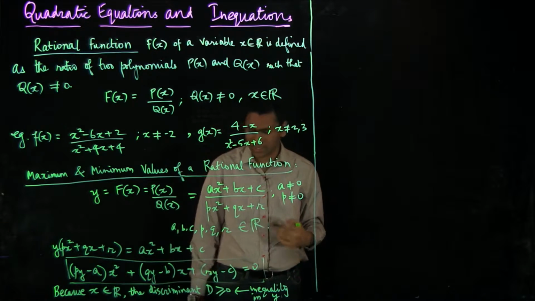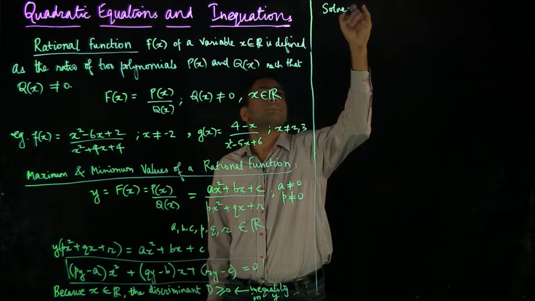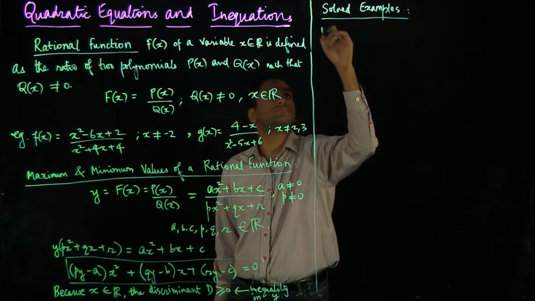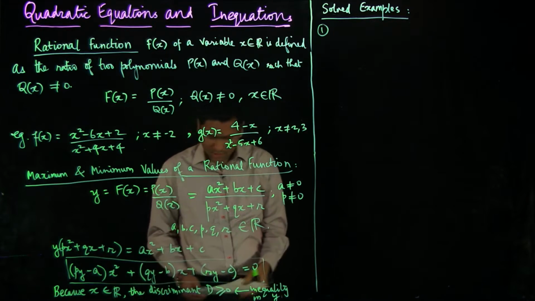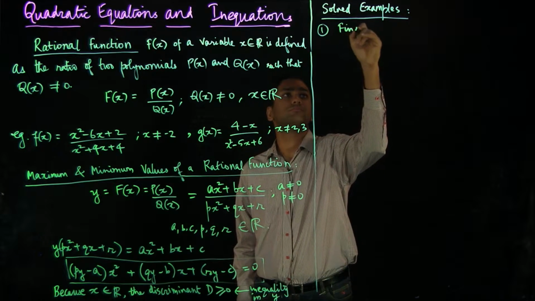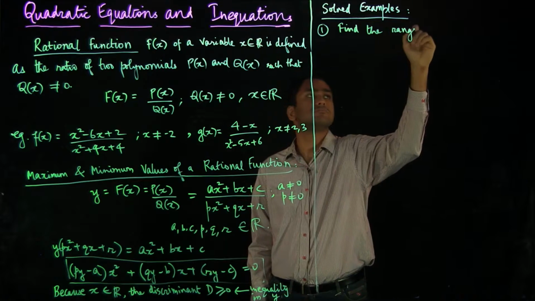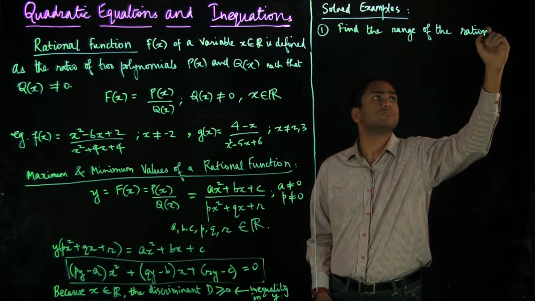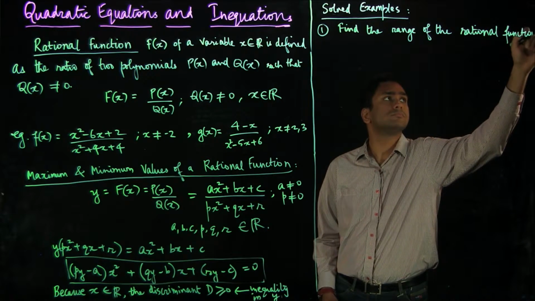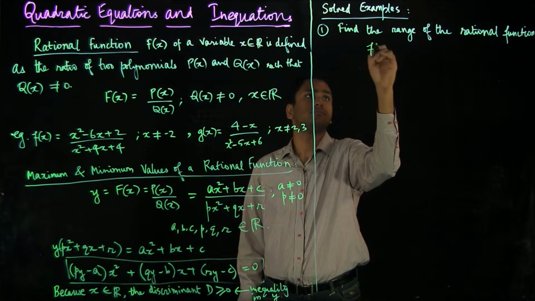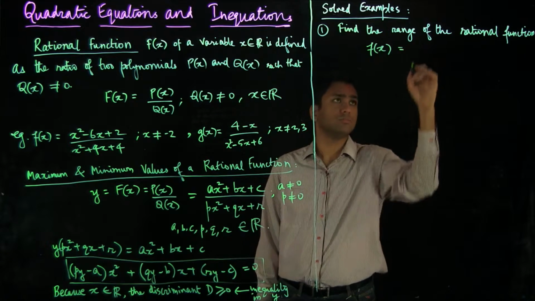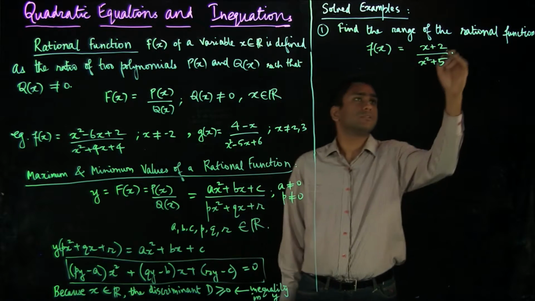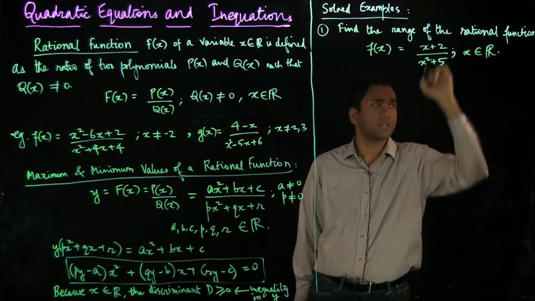So let's do a few solved examples here. So the first example is: find the range of the rational function f(x) equals x plus 2 over x squared plus 5, given that x belongs to the set of real numbers.